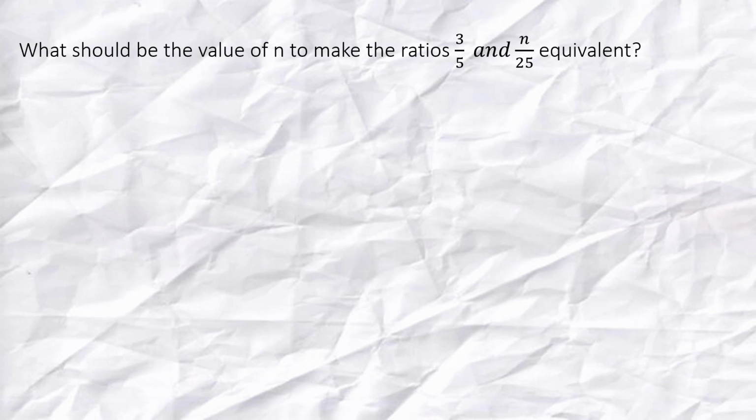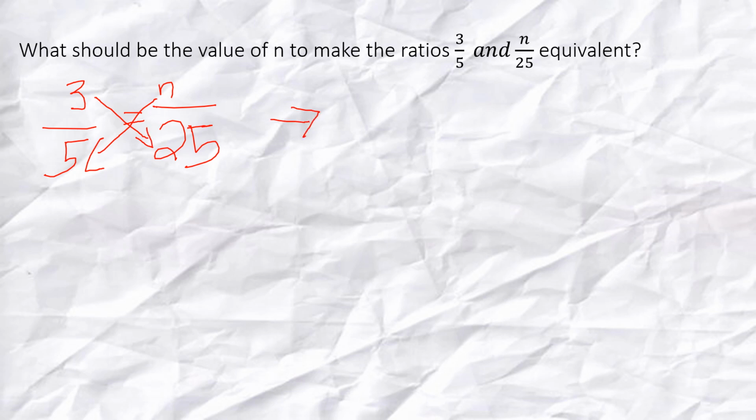Next, what should be the value of n to make the ratios 3 over 5 and n over 25 equivalent? Again, we write our given ratios in fraction form, and then we cross multiply. n multiplied by 5, 3 multiplied by 25.